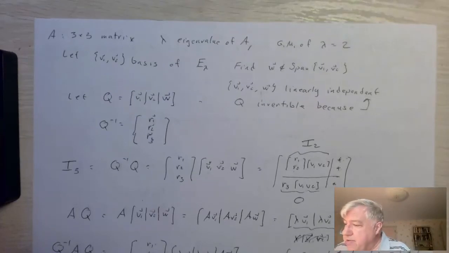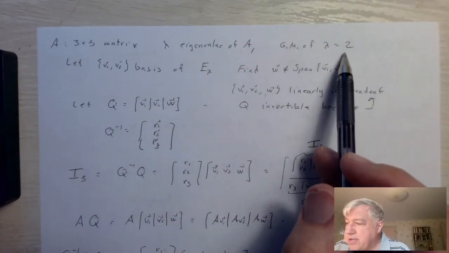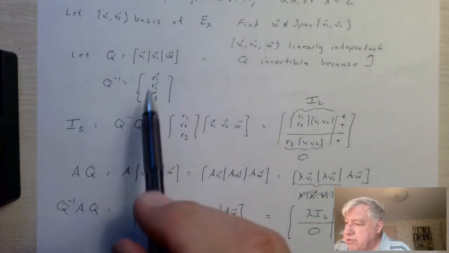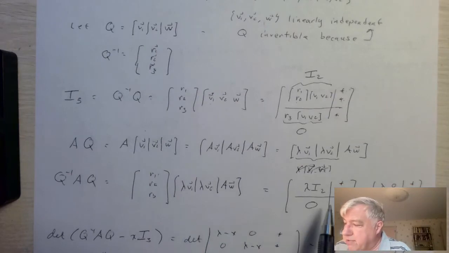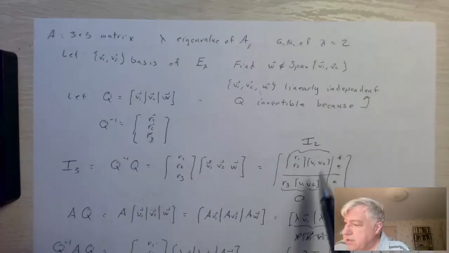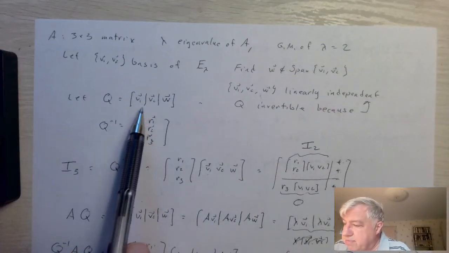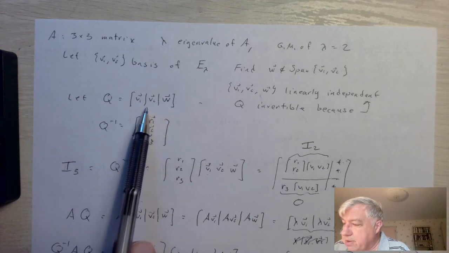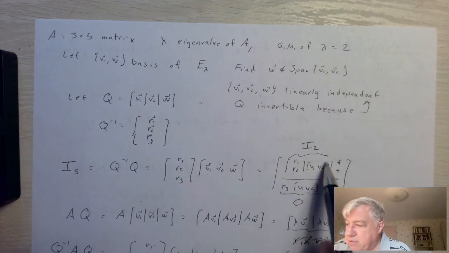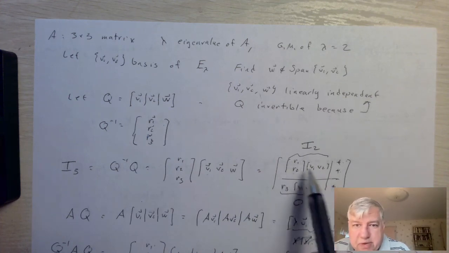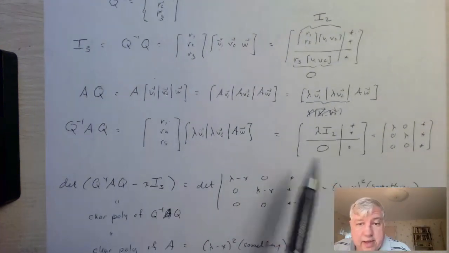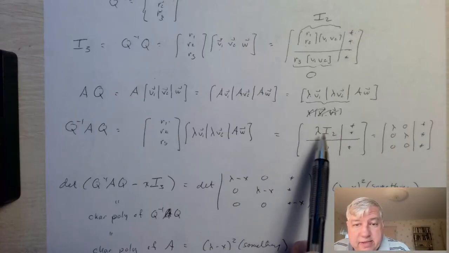If we wanted to replace the 2 with something else like 3, you would basically do the same thing here. You would partition, extend this to get a square invertible matrix, take the inverse, and then whatever's going to be up here, in this case a 2 by 2, or it could be a 3 by 3 submatrix, this submatrix is always going to be the identity, and this submatrix is always going to be the identity times lambda.